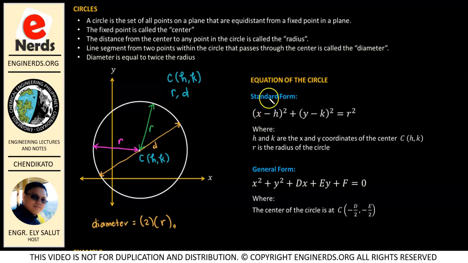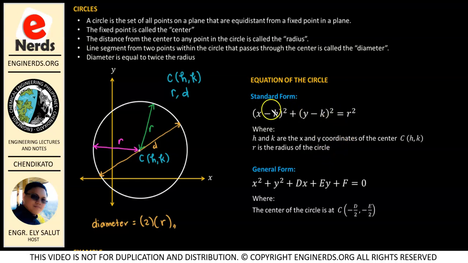So, ang standard form ng ating circle is x minus h, which is the x-coordinate of the center, we will square that, plus the square of y minus k, which is the y-coordinate of our center. And this is equal to the square of the radius. Ang ating r here is the radius. So, h and k are the x and y coordinates of the center, which is C(h,k), and r is the radius of the circle.